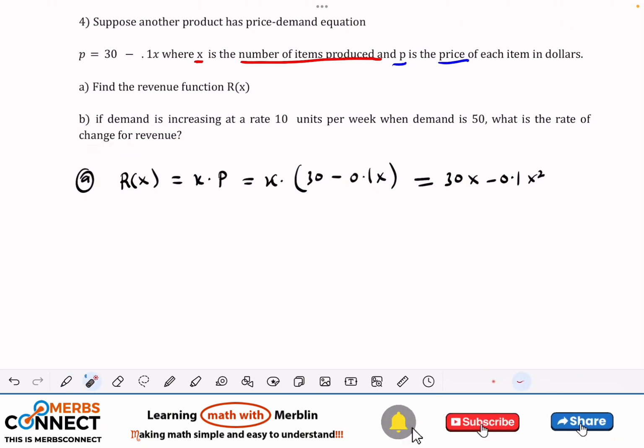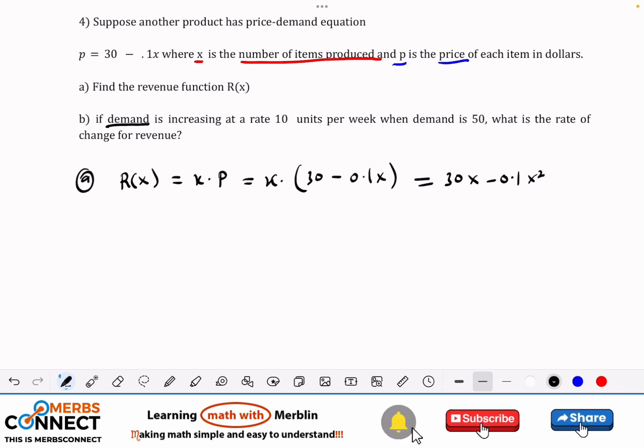The demand word that we mentioned here, we are looking at the X, what we are producing. So when you say the demand, if people are demanding more, then it means that we need to also produce more, right? So the demand that they are mentioning there is the X. That's what we are looking for.